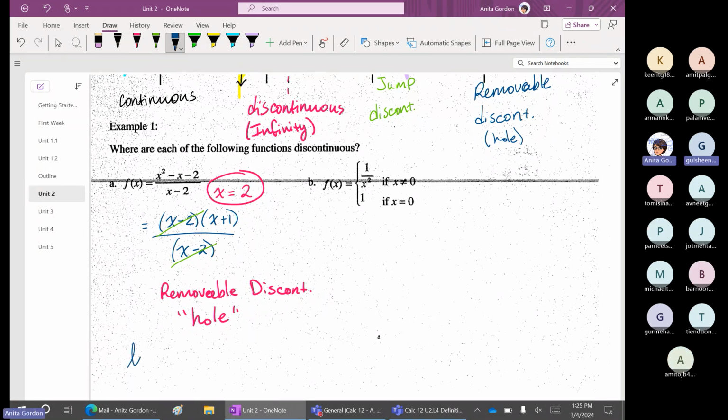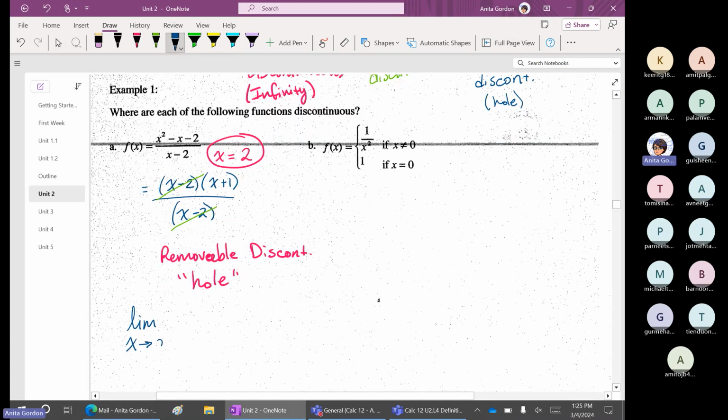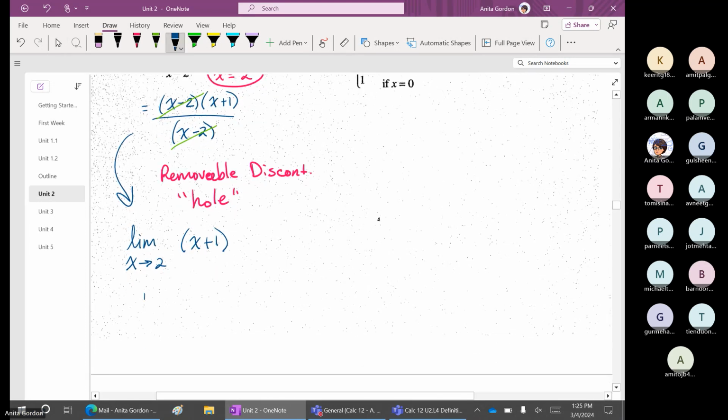So if I were to demonstrate with this picture, the limit as x approaches 2 of the function is the limit of x plus 1. Through direct substitution as x gets close to 2, the limit should be 3. So this looks like essentially a line with a y-intercept at 1, but with a hole.